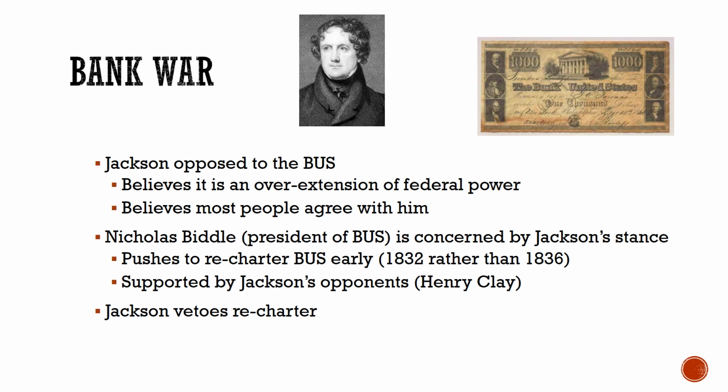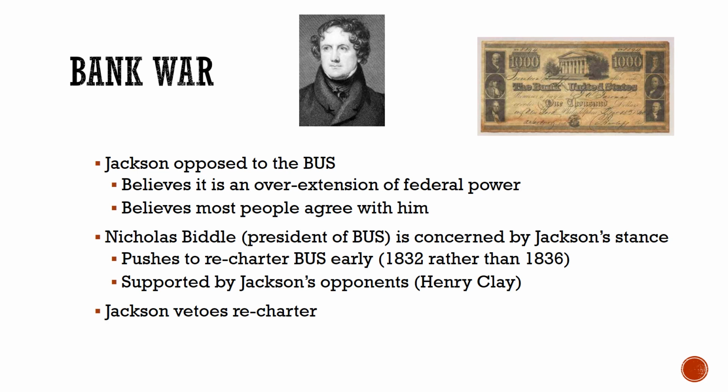So the man pictured here on this slide is Nicholas Biddle. He was the president of the BUS at the time. And he had been listening to many of Andrew Jackson's opponents, like Henry Clay and Daniel Webster of Massachusetts. These men hated Jackson.